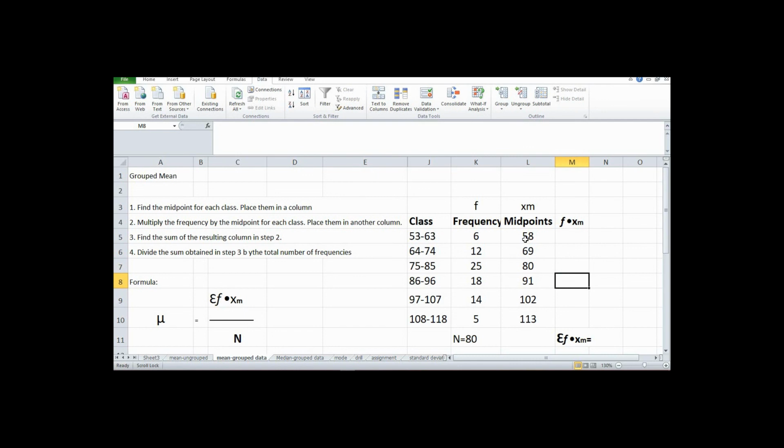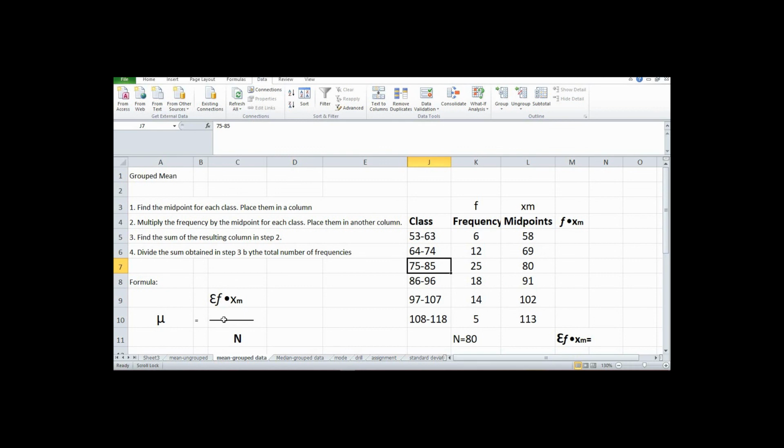We will try if we have the same result. So assuming 75 plus 85 divided by 2, we have 80. Same result with a different procedure. So we have now our midpoint.